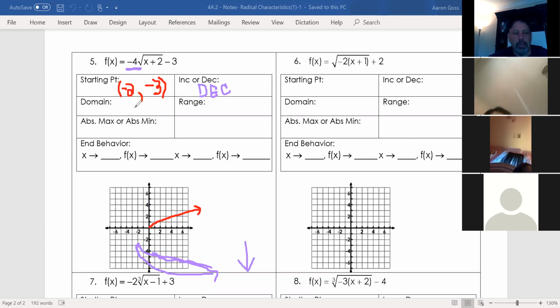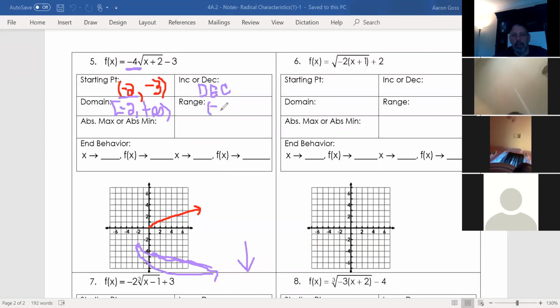Domain refers to the X values. So the domain, I'm going to take the starting point here, -2. That's my starting point. And the X values going this way go to positive infinity. The range I read from the bottom to the top. What's my bottom here?